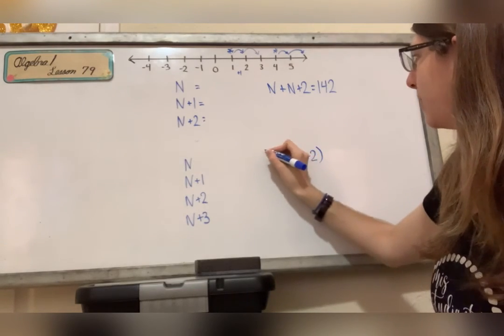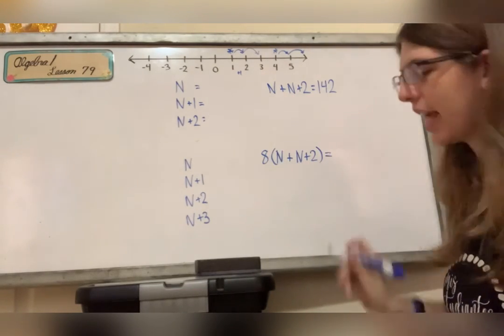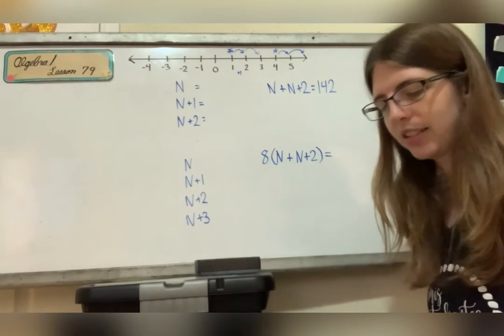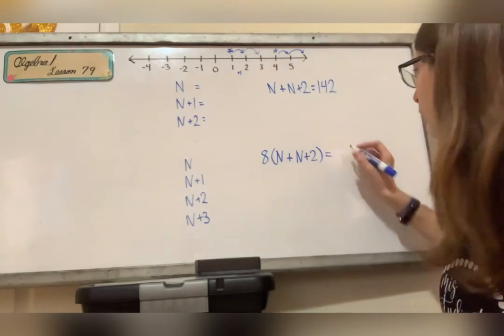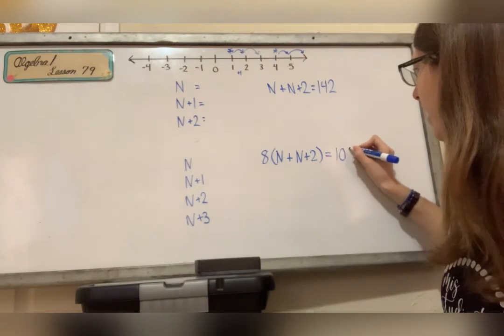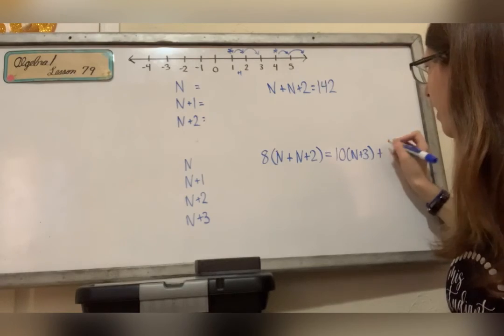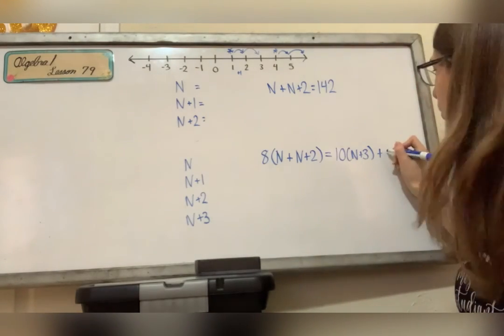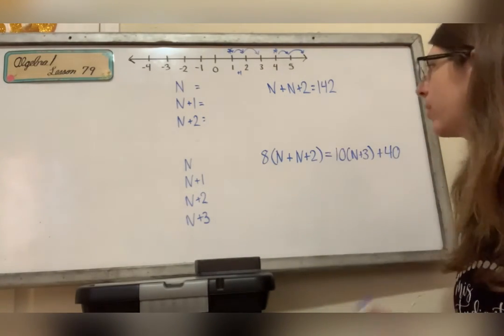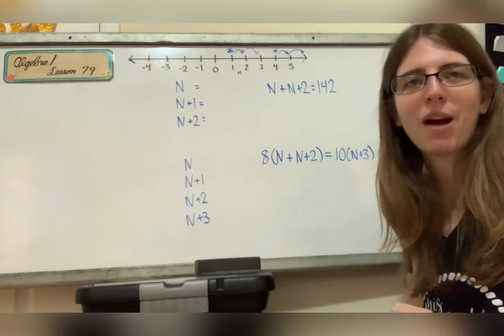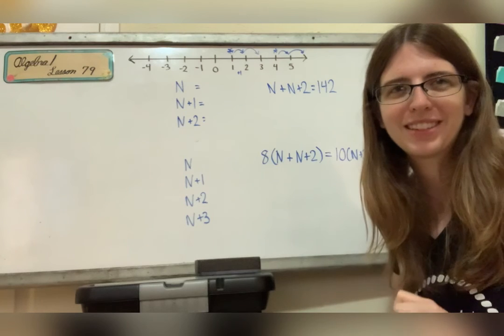And it's 8 times that sum, is. Then we have 40 greater than 10 times the fourth. So we have 10 times the fourth, 10 times n plus 3, but then we have to add, what does it say? 40, because it's 40 greater than that. Okay, so that's how you set it up. Go ahead and pause your video now to do your practice.